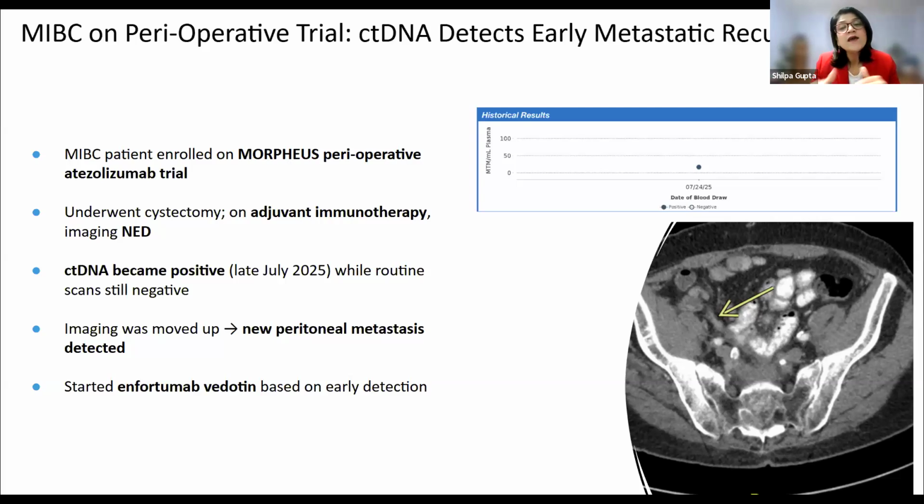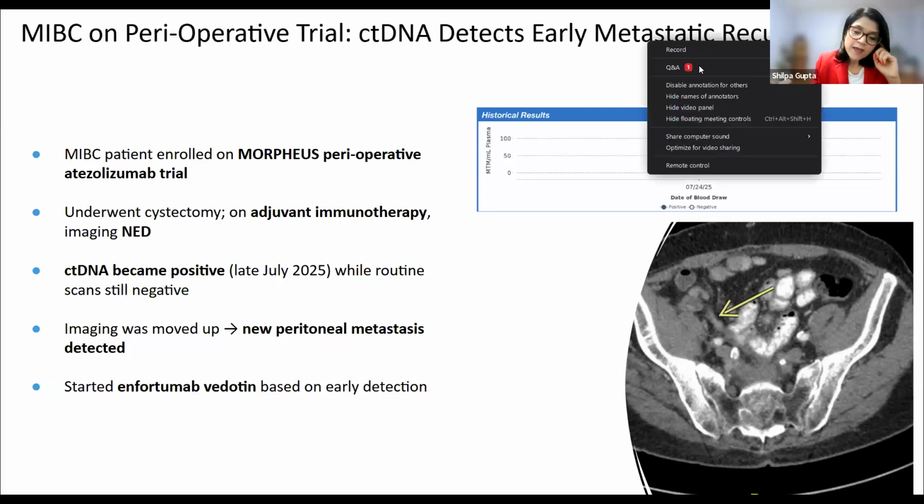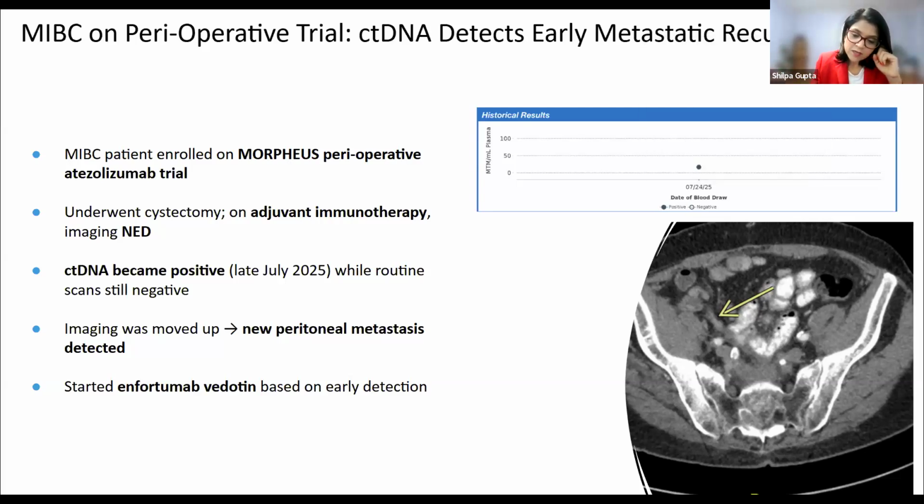And just today I saw another patient. We didn't have time to include her on this, but she was a metastatic urothelial cancer patient who had been on chemo and immunotherapy, and then had disease recurrence in lymph nodes. So we treated her with EV, and she had a response.